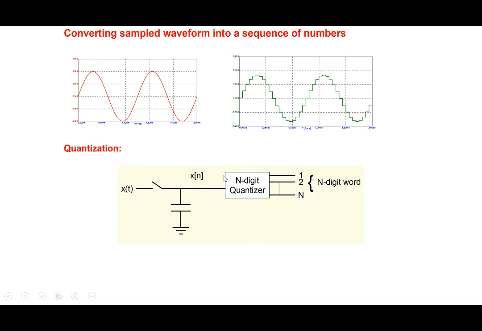We call this a quantizer, and depending on the accuracy that we desire, it could be a 1-digit quantizer, 2-digit quantizer, 3, 4, 5, 8-digit. It could be anything depending on the accuracy that we desire.